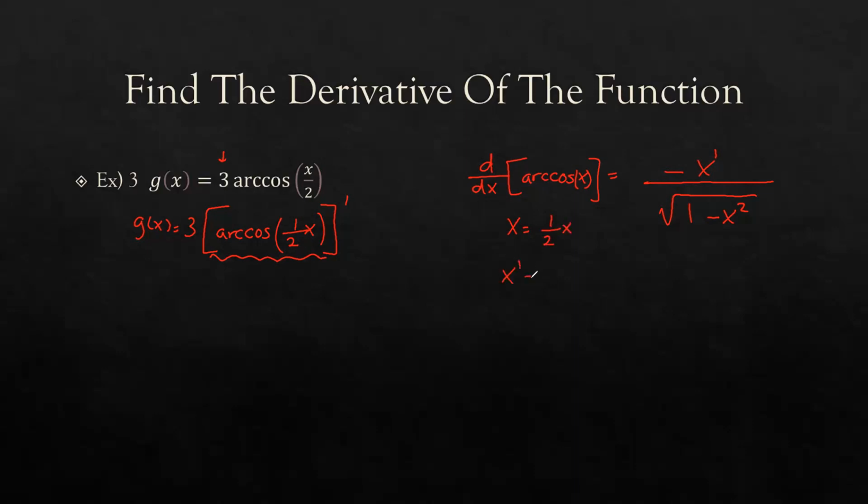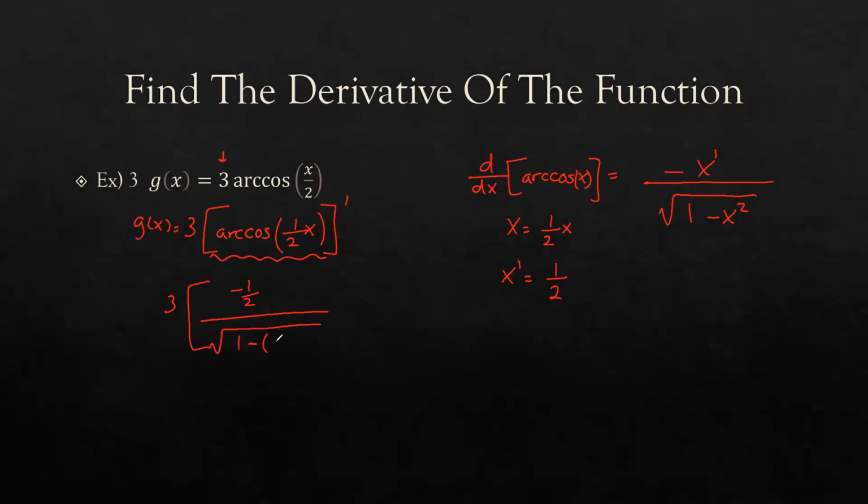And then x prime is 1/2. So it's 3, and then the derivative of x is 1/2, and then you have a minus, so it's negative 1/2 over the square root of 1 minus x squared.